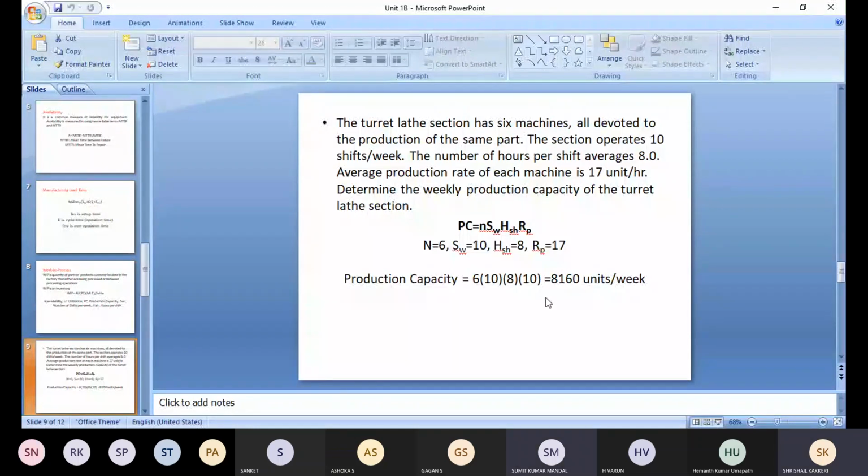Explain the different types of production.